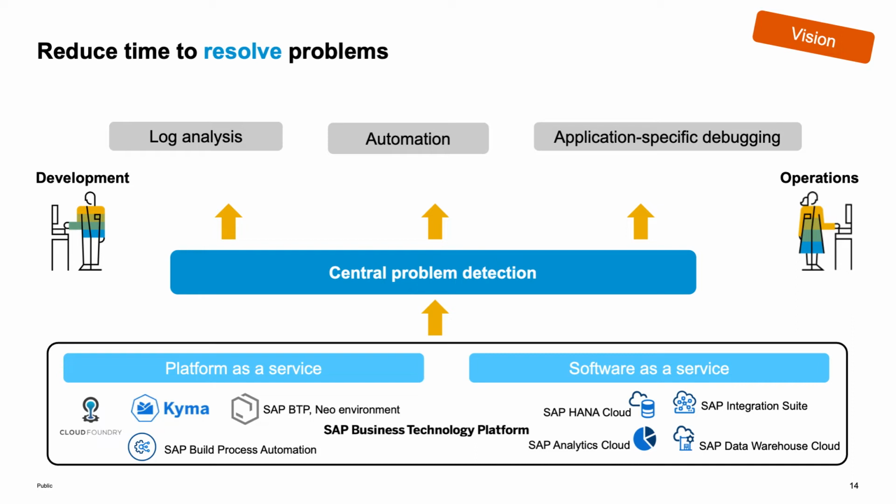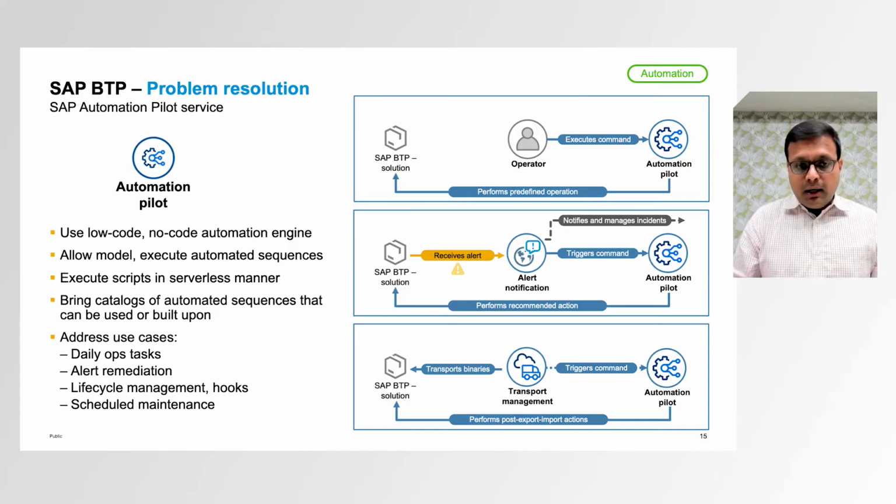So depending upon the use case and the complexity of the issue, you might have to jump into an expert tool to actually debug the issue. Or if the issue is very simple, you would be able to automate it as well. So we need to look at what kind of tools are now available for you to actually resolve the problems as quickly as possible. So one of the tools, from a problem resolution perspective, is AutoPy.